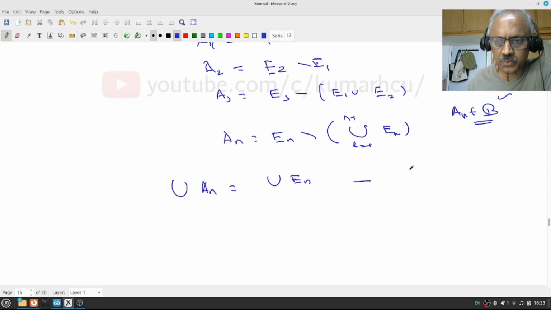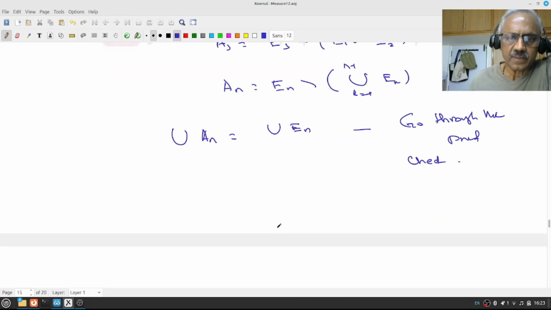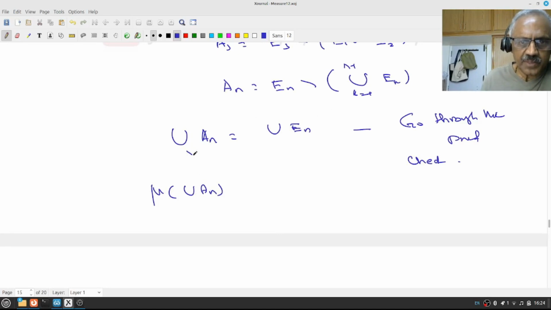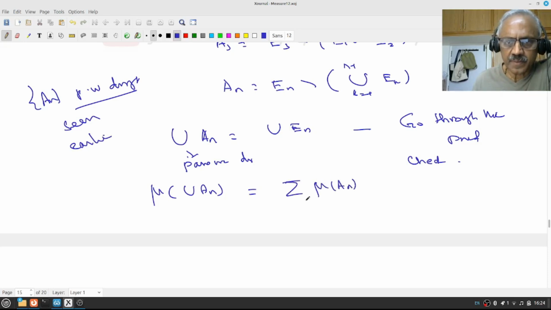Okay, again go through the proof, or check again. Therefore, we know that mu of union An, this collection An is pairwise disjoint. This also seen earlier. This is set theory. Therefore, by countable additivity, this is the sum of mu of An.